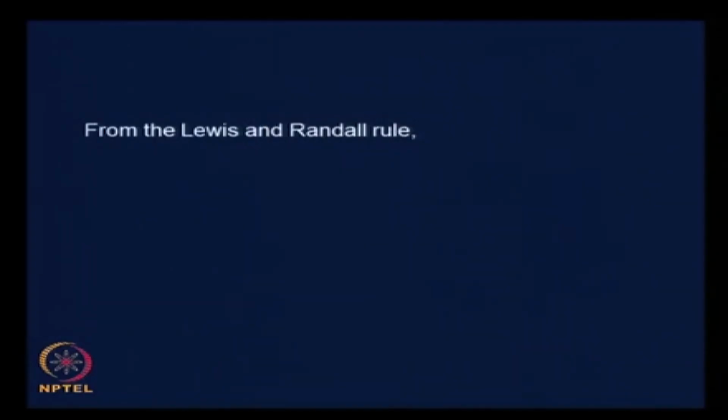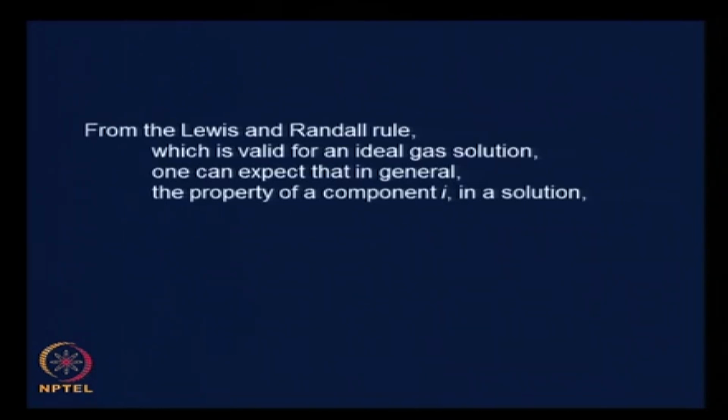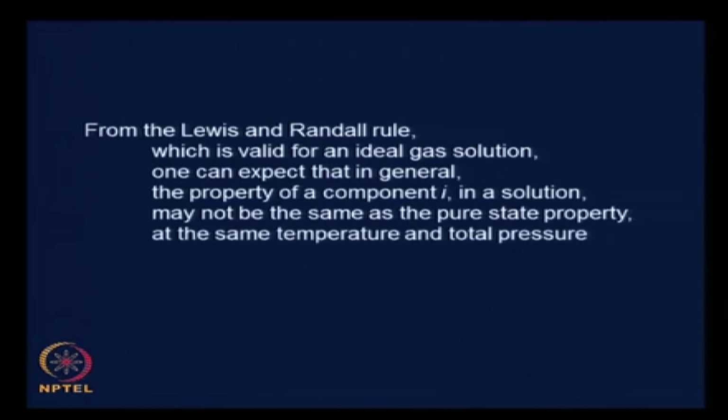Let us start with the Lewis and Randall rule itself. From the Lewis and Randall rule, which is valid for an ideal gas solution, we can expect that in general the property of a component i in a solution may not be the same as the pure state property at the same temperature and the same total pressure.